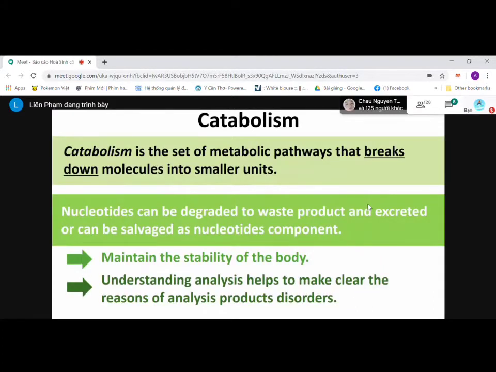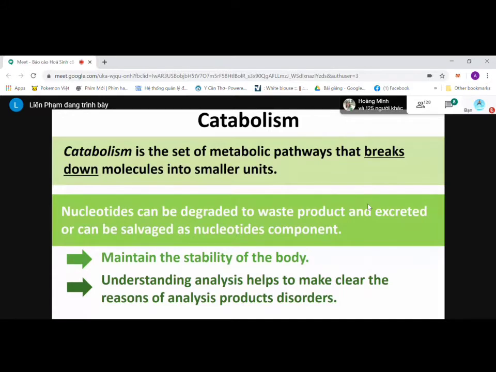Next is catabolism. Catabolism is also the set of metabolic pathways that breaks down molecules into smaller units. It is the breaking down aspect of metabolism, whereas anabolism is the building up aspect. Catabolism is usually synonymous with biodegradation.